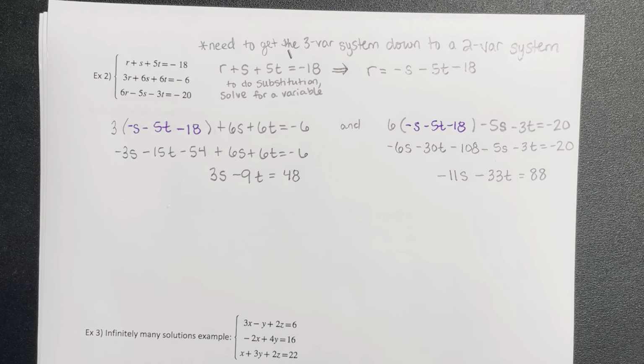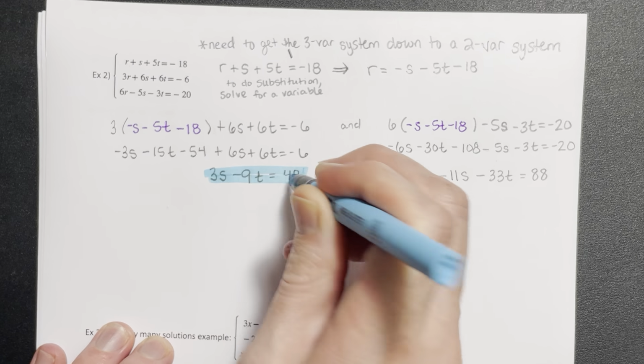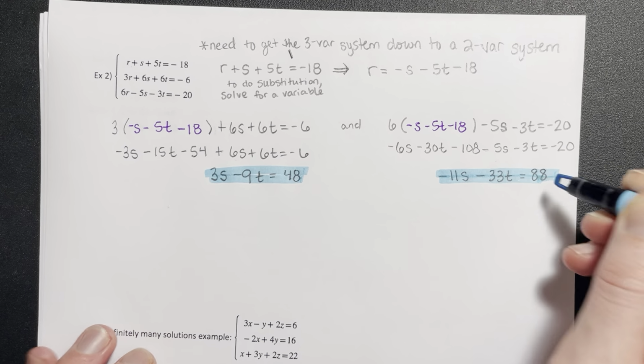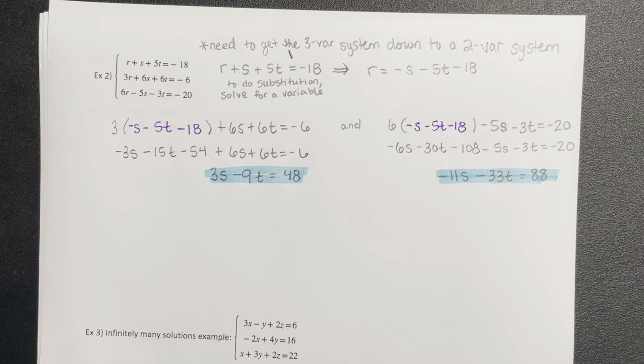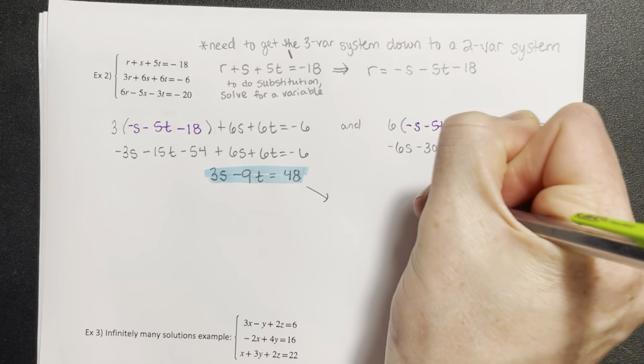But that gives me a two-variable equation. So now I have a system with two equations, and both of them are s's and t's. So we've created this two-variable system.